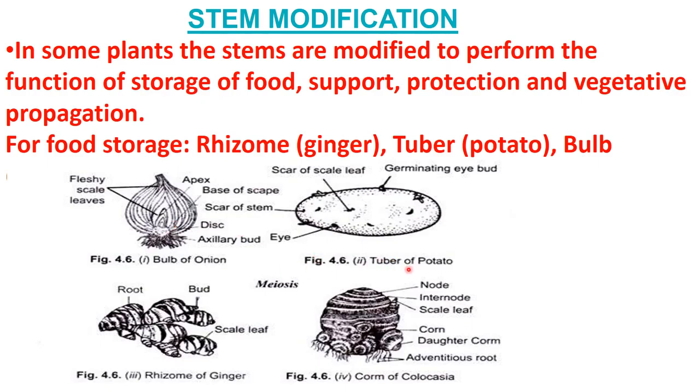Second is the tuber of potato, which is also for storage of food. Then this is the rhizome of ginger, also a modified stem for the storage of food. And this is the corm of colocasia, also a stem modification for the storage of food.